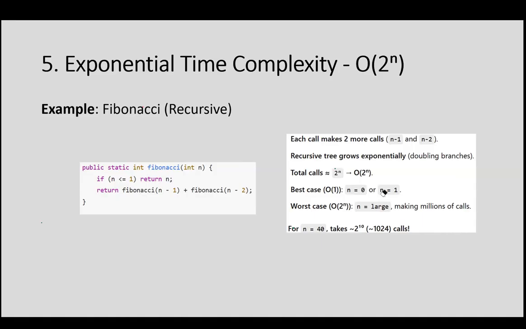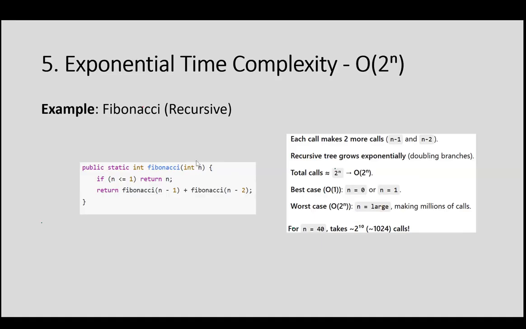And when we have n equal to 40, approximately 1024 calls, like 2 raised to 10 operations, will be taking place. So that is how exponentially the time complexity will grow when we have this kind of algorithm. So each time the things are dividing into 2, it will double.